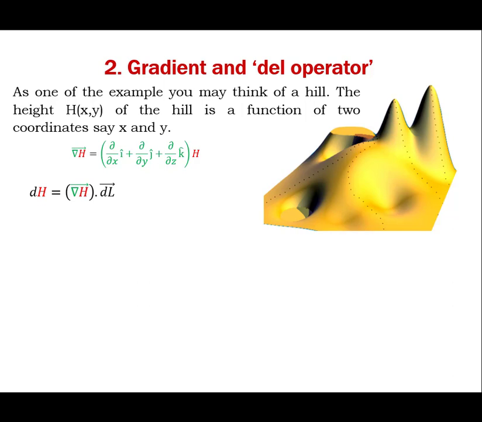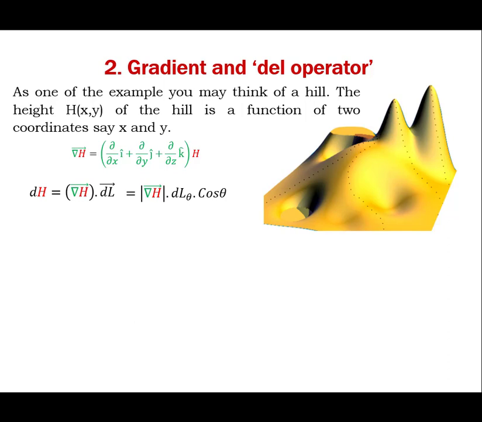Sometimes it is called similar to vector differentiation. Since it is a vector, the question is, what is its direction? The total change in h is given by this, where theta is the angle between the gradient of h and our movement dl. Now, to find the maximum change in h, you can check many directions of displacement.